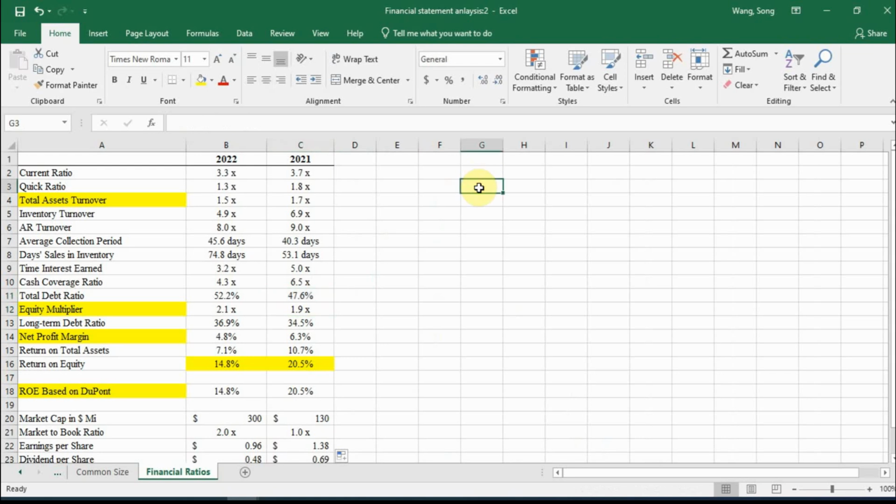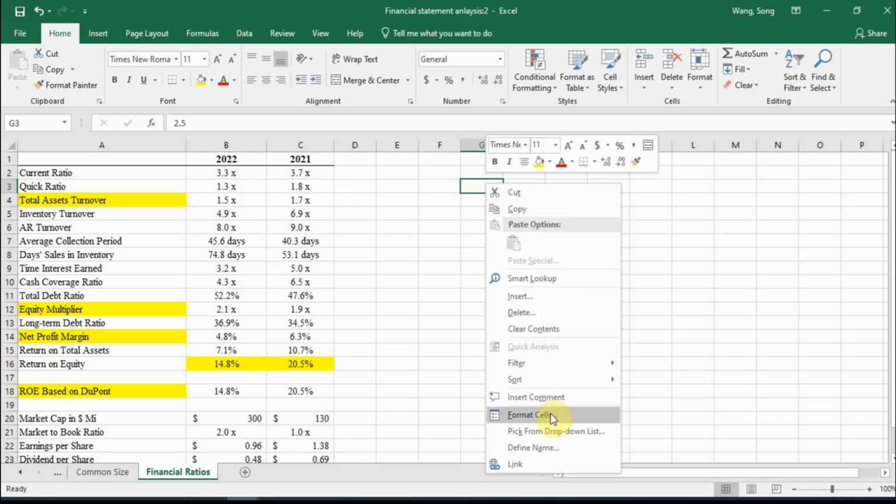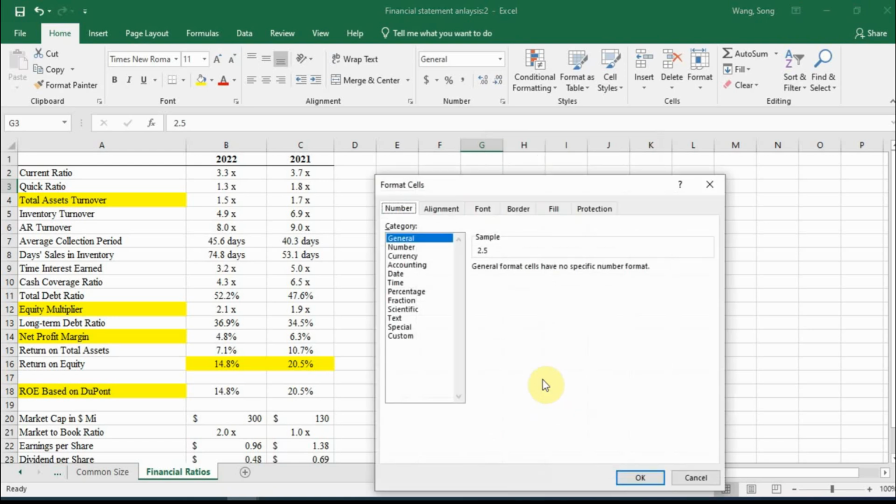So let's say if I put a number 2 here, or 2.5, and if I want to make this number in the same format with x, so if I put a letter x, that means this is just a mathematical ratio. It's not dollar, it's not percentage, it's not number of days. So I can just right click on the cell and hit Format Cells.